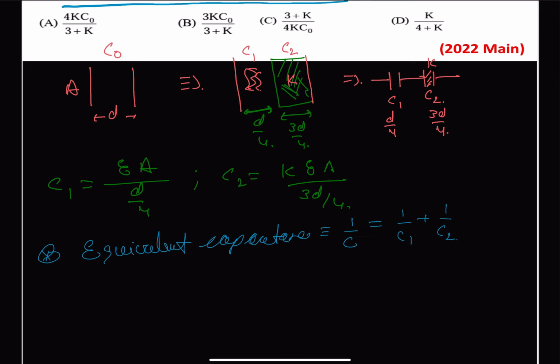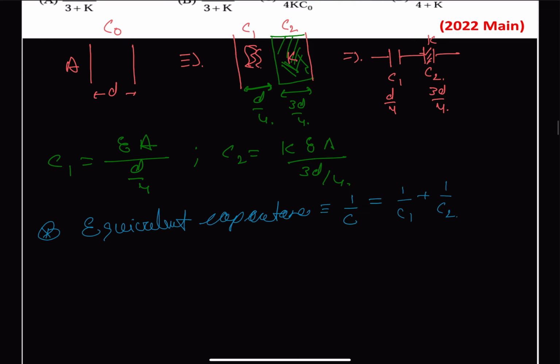We simply substitute the values. 1 upon C, C1 will be 4 epsilon naught A, and we have this as d, plus C2 will be 4K epsilon naught A and 3d.